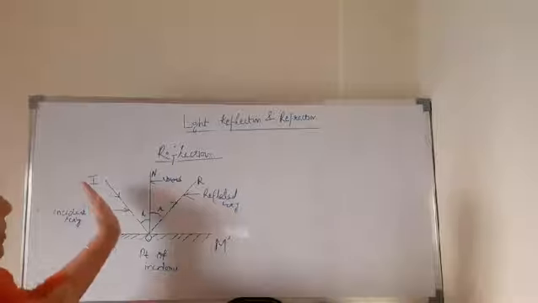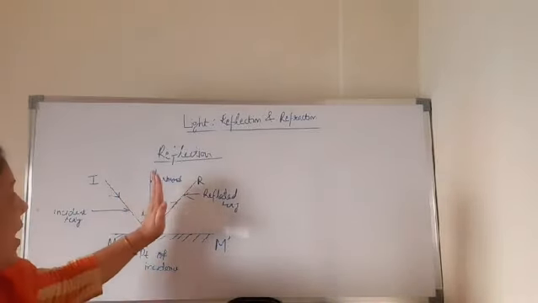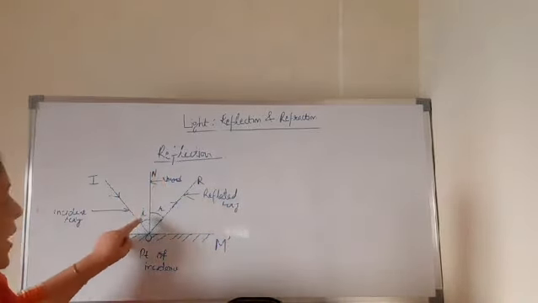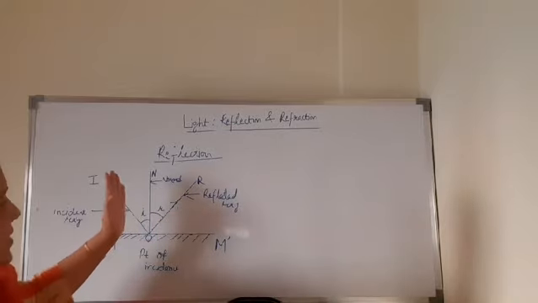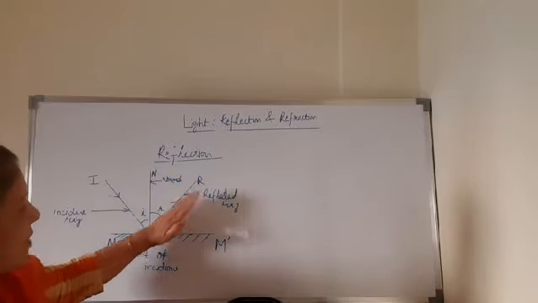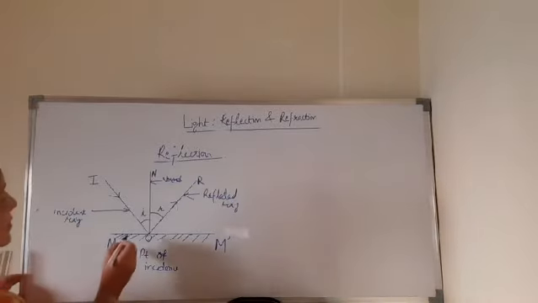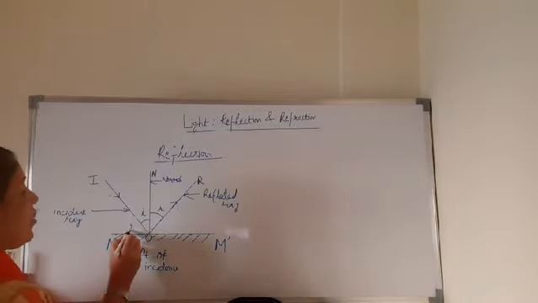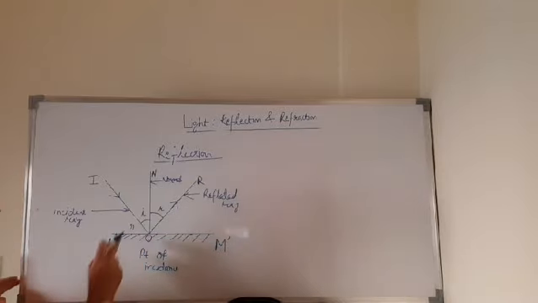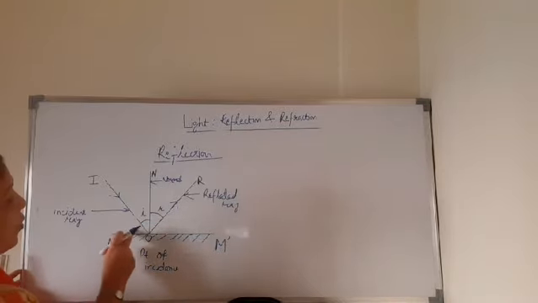The angle between the incident ray and the normal is called angle of incidence, whereas the angle between the normal and the reflected ray is called angle of reflection. Children, you always get confused because you always think, when it comes in numerical form, that this is the angle of incidence, which is wrong.